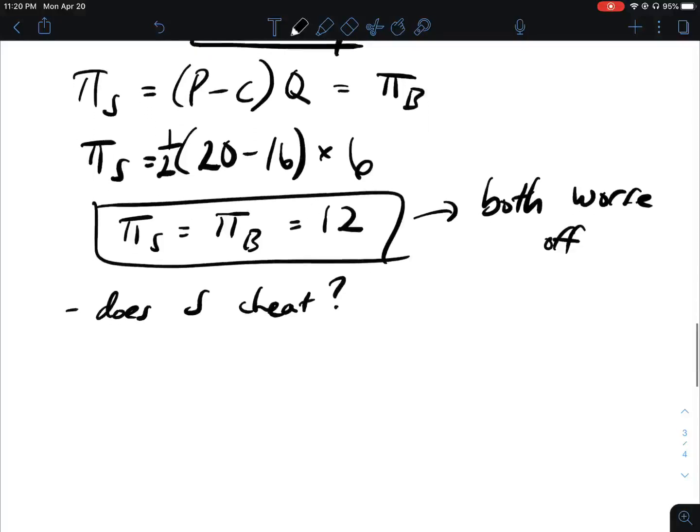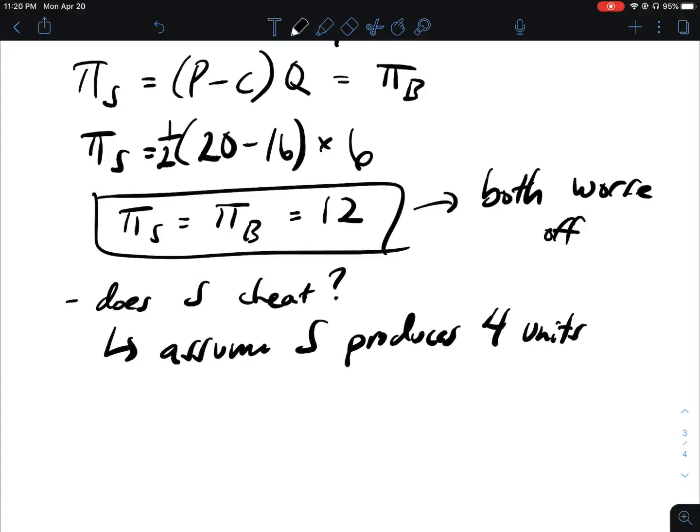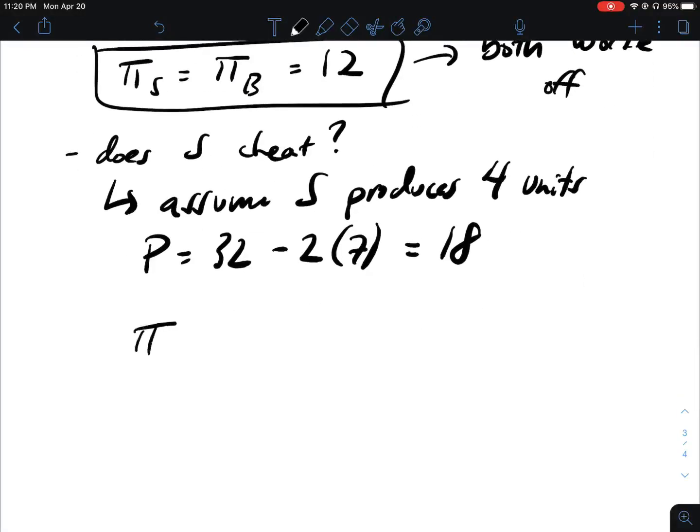Now for the last bit, does Squeaky Clean have an incentive to cheat? So let's imagine again that they produce 1 additional unit. So they were producing 3 units, now they're producing 4 units. So the market quantity being produced ends up changing. We have 32 minus 2 times 7, because now Squeaky Clean is producing 4 units and BioBase is producing 3. So the market price is 18.